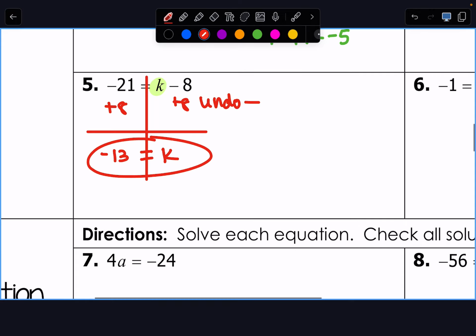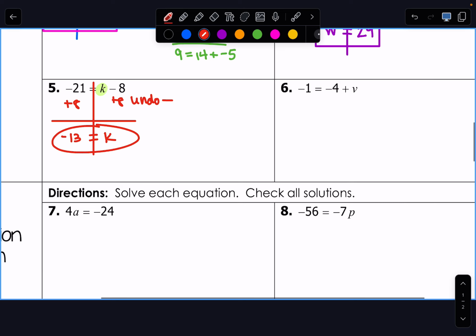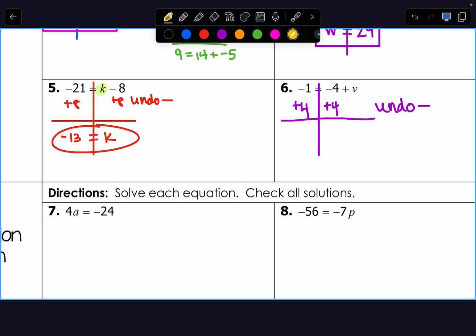Okay, Jacob Tanner, what did you do to both sides of number 6? We added 4 so that we could undo this minus 4 right here. So these cancel out and we have v equals 3. Ellie.